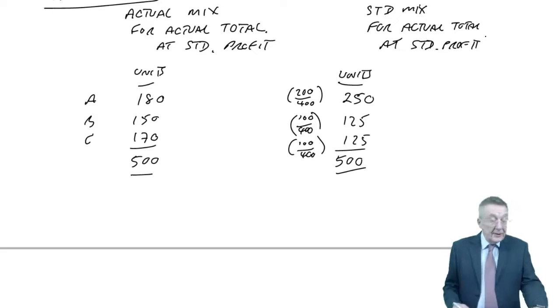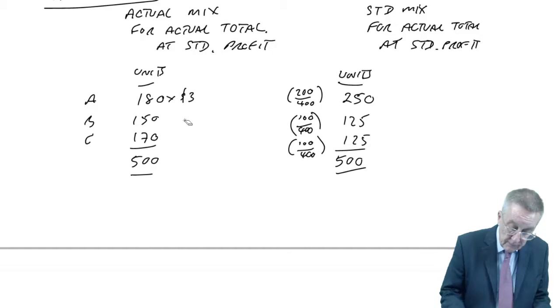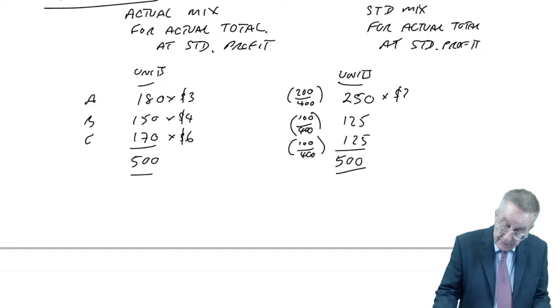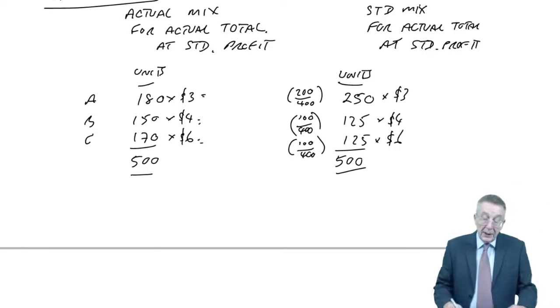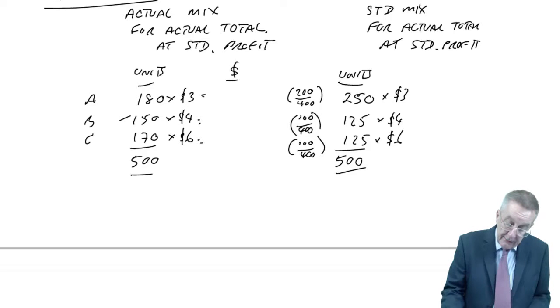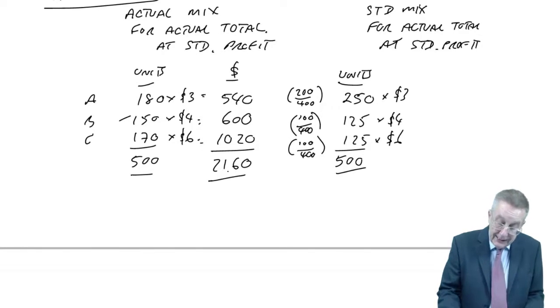We've already worked out the standard profits, so I won't waste your time, but A is $3 per unit, B is 4, C is 6, which is what? For A, 540, B, 600, C, 1020, 2160.